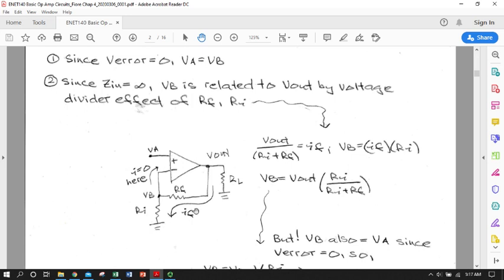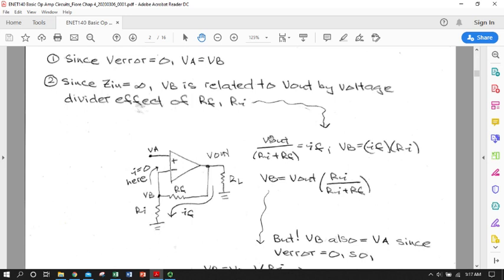So in this case, since I sub F has to flow through R sub I to ground and no other currents flow through R sub I, V sub B is just R sub I times I sub F. So there we go. We now have a way of expressing the input voltage reference to ground and the output voltage reference to ground.